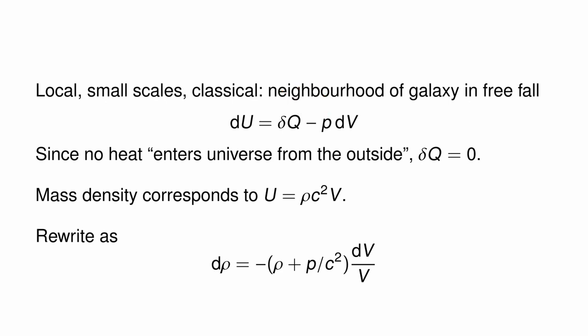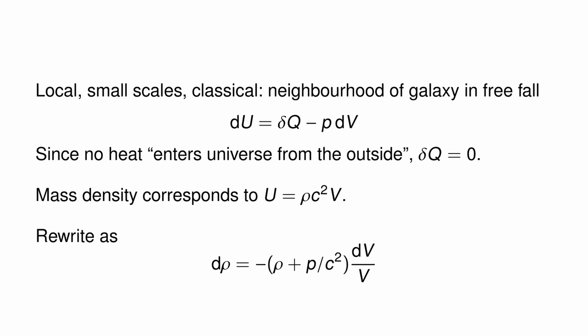So P is the pressure, V is the volume, U is the whole internal energy of the system, and Q is the heat. In our case, everything is homogeneous, so there's really no outside, no inside, so heat should not even flow from one point to another, and so there's really no heat term that we need to introduce here. There is no way that heat is coming somehow from outside into the universe or into this region that we're looking at. So the formula becomes even simpler because we can just cross out this term here.